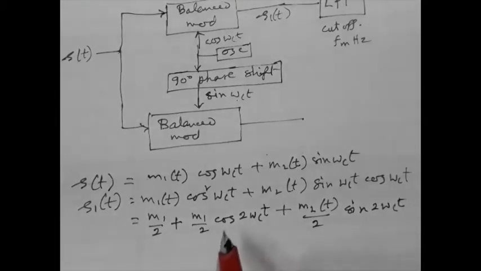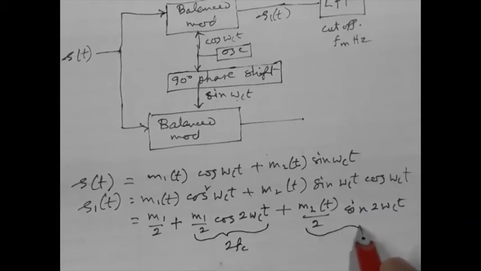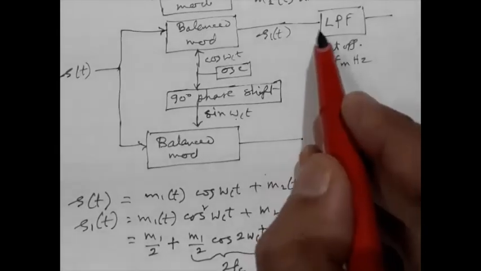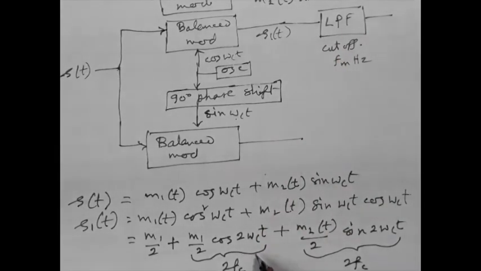As you can see, it consists of three terms. This term is with the frequency of twice fc. This term is also with the frequency of twice fc. So these two terms will be eliminated by this low pass filter. This low pass filter will eliminate this term and this term.